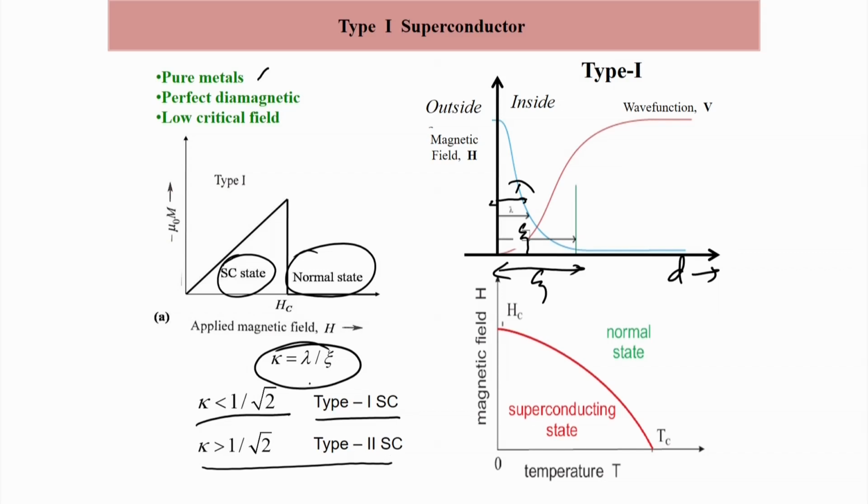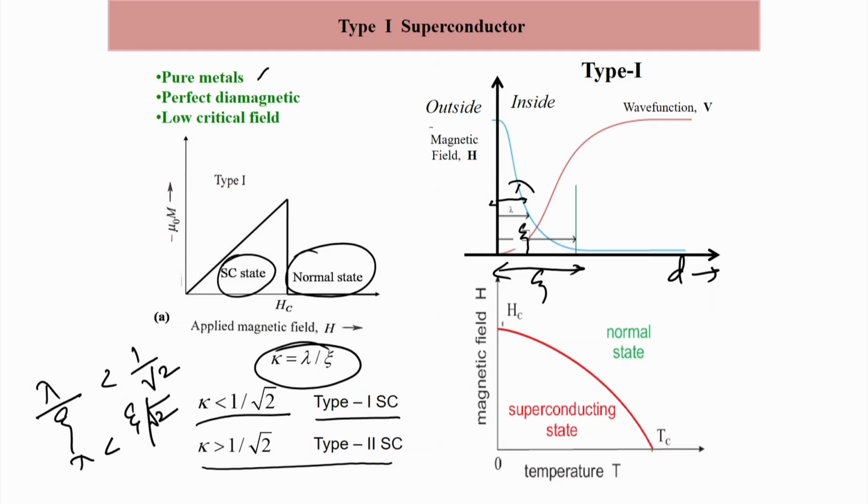Which means that if lambda by xi is less than 1 by root 2, that is, lambda is less than xi over root 2, then we have a type 1 superconductor, and if lambda is greater than xi over root 2, then we have a type 2 superconductor.